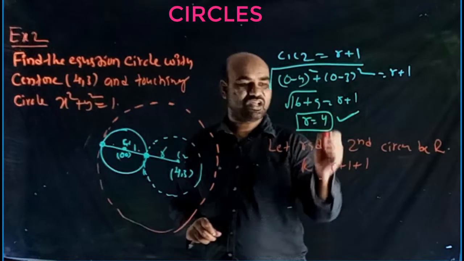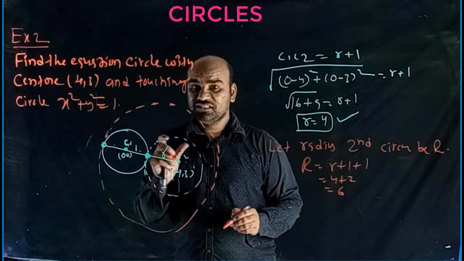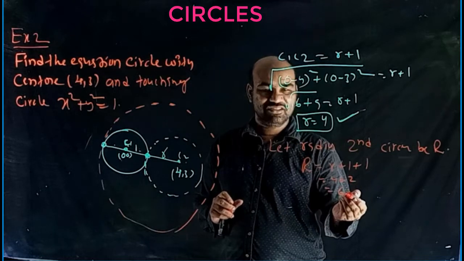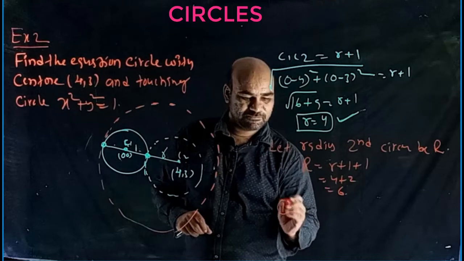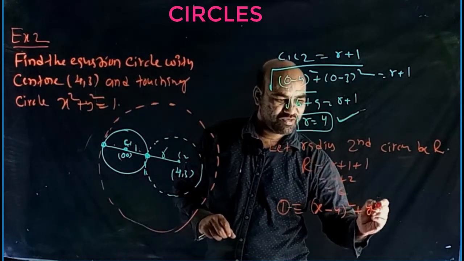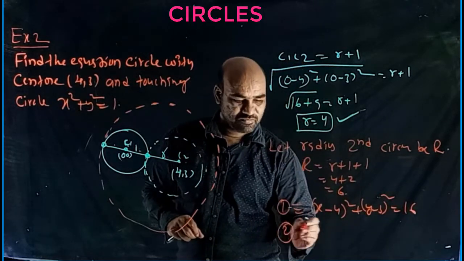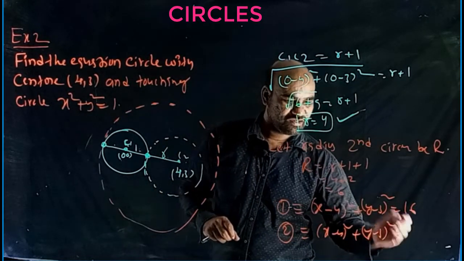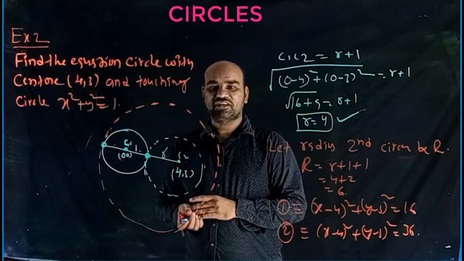Just now we got small r as 4. 4 plus 2 is equal to 6. So there are two circles existing. One circle has radius 4, another circle has radius 6, both having the same center (4, 3). So the first circle: x minus 4 whole square plus y minus 3 whole square equal to 16. Second circle: x minus 4 whole square plus y minus 3 whole square equal to 36. These are the required circle equations.